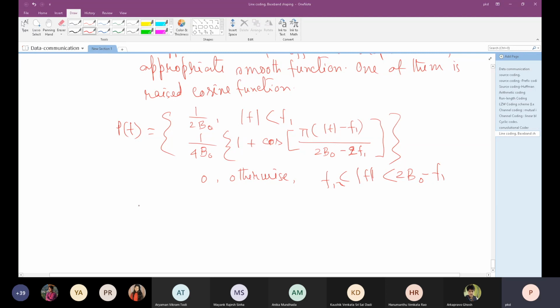Now f1 and b0, that is the bandwidth, how to choose f1. They are related by a control parameter alpha, that is 1 minus f1 by b0.